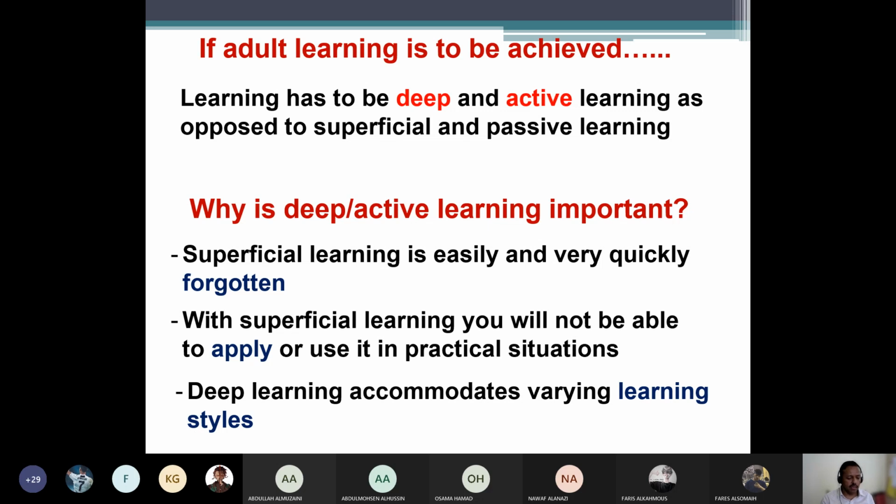This is called the ABC of BLS. You cannot learn it just by reading unless you perform it. Otherwise, if you read it and suddenly somebody is falling in front of you, you cannot help him because you have not done it practically. So you have to learn things deeply and actively, then only can you apply them in a practical situation.